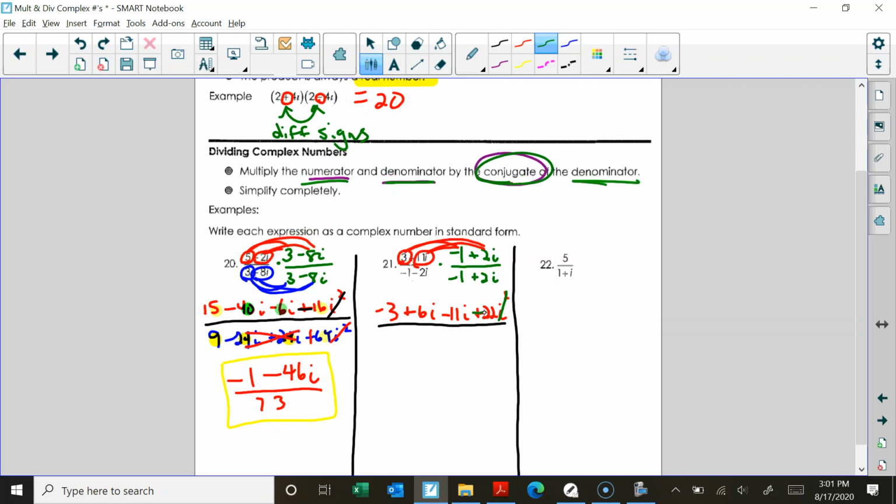So at your bottom, negative 1 times negative 1 is 1. Negative 1 times 2i is negative 2i. Negative 2i times negative 1 is 2i. And 2i times 2i is plus 4i squared, which changes the sign to negative 4.